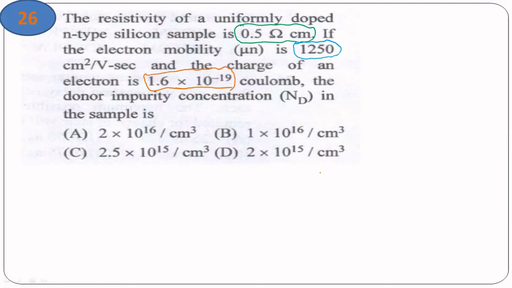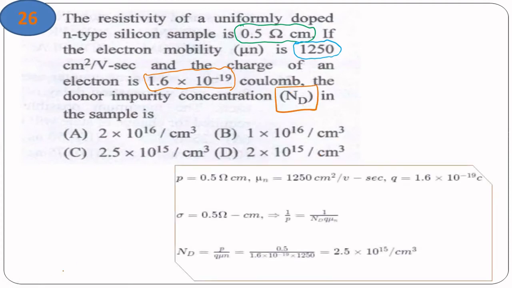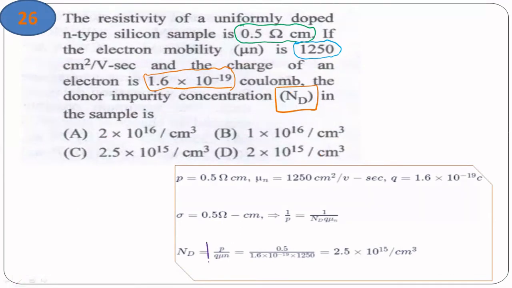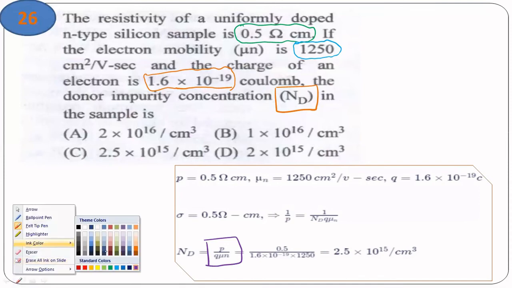Now we need to calculate ND. In this question we need to calculate ND, the donor impurity concentration. Donor impurity concentration can be calculated with the given formula, that is ND is equal to 1 divided by Q into mu n into rho.